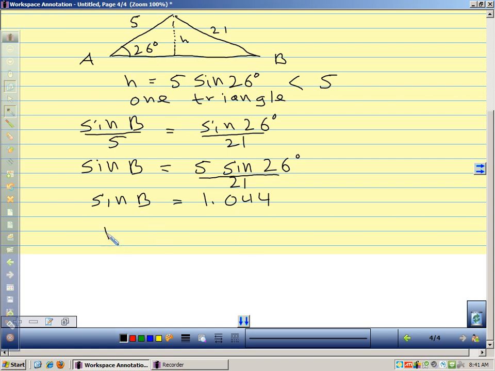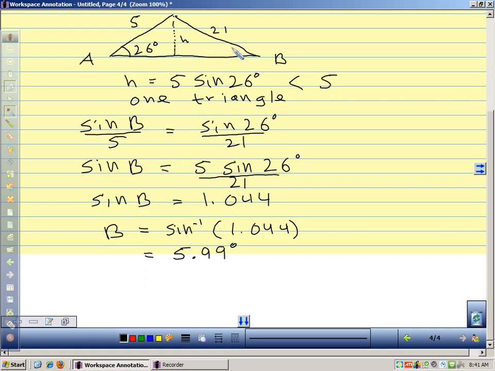So angle B is the inverse sine of 1.044, and we get that angle B comes out to be about 5.99 degrees.